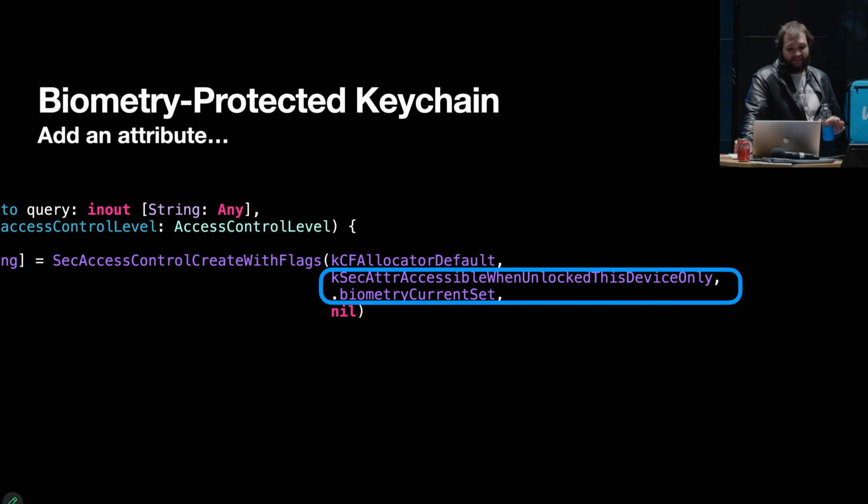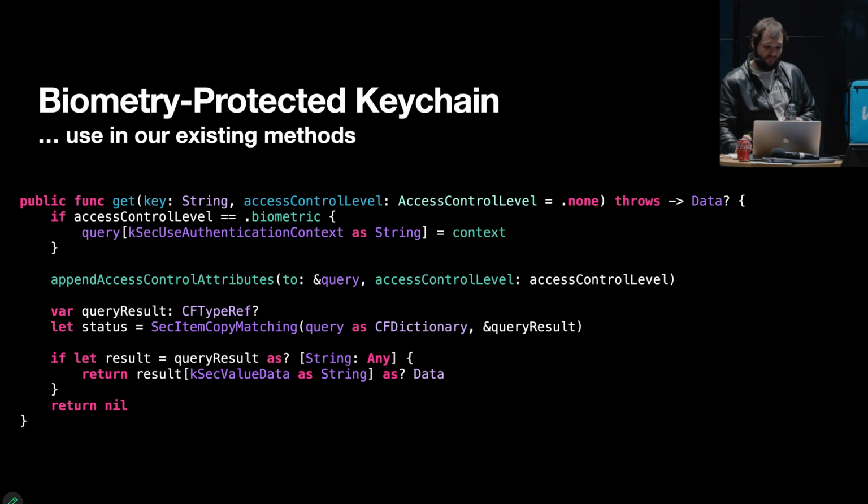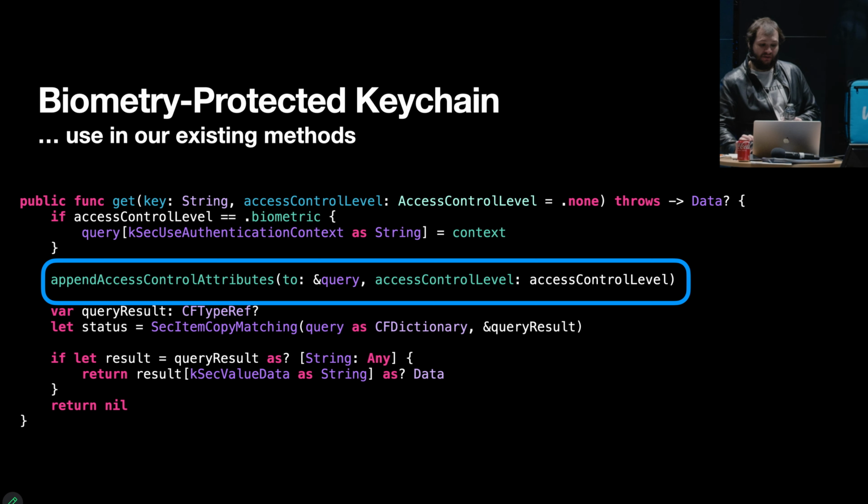In this case, I also added accessible when device unlocked, this device only, so it will not be shared across backup and restore operations as well. And we can use it in a very simple way. We just augment our query, in this case a get query, and then it will trigger the biometric pop-up.